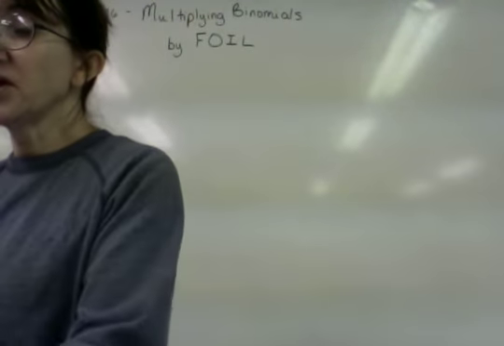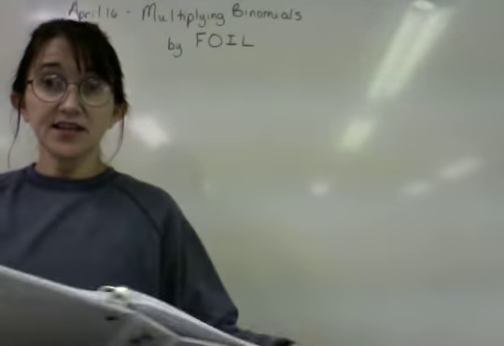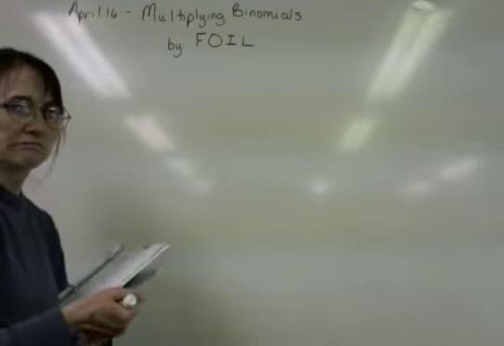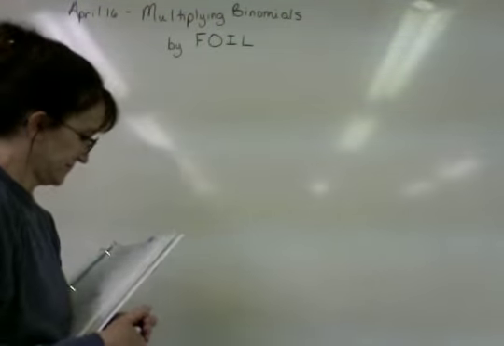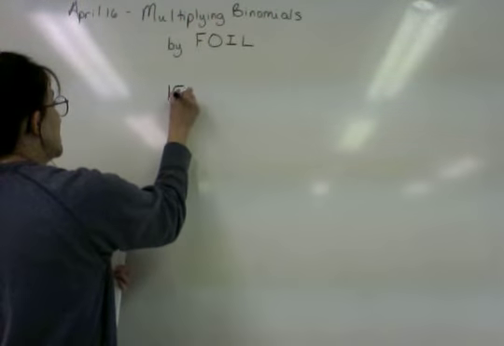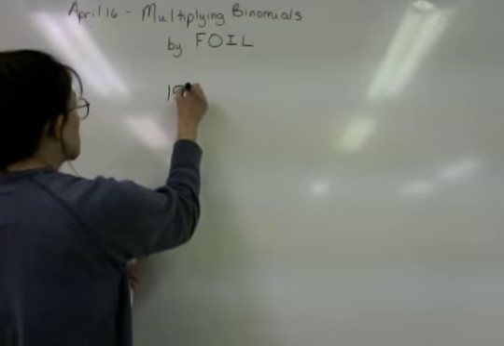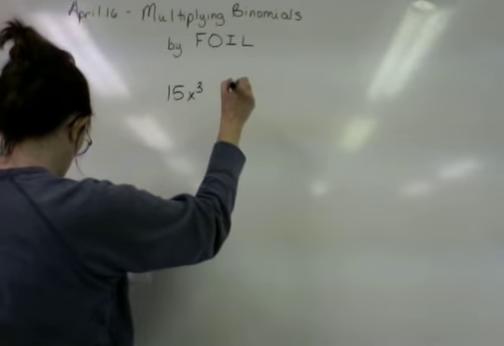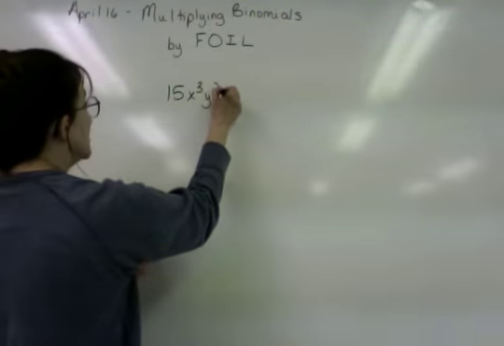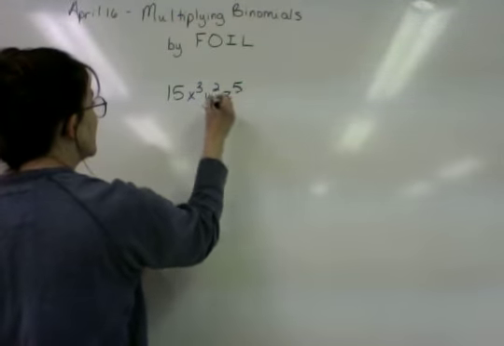So basically, you're going to take that last thing I just read. You're going to take 15x cubed and then y squared and z to the 5th power.